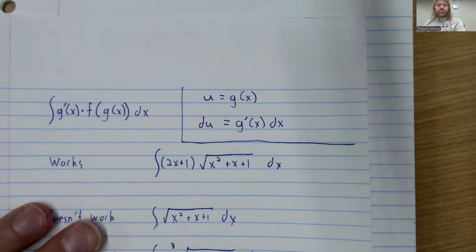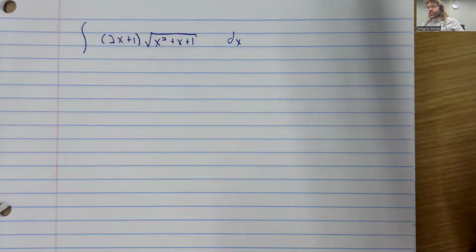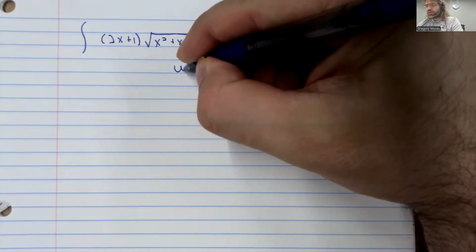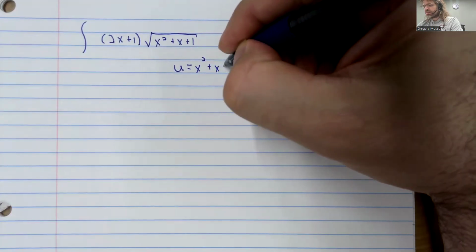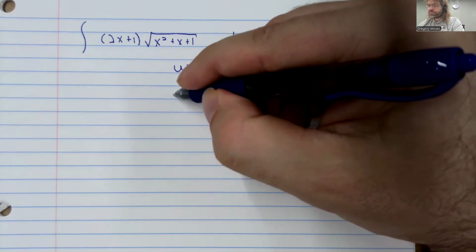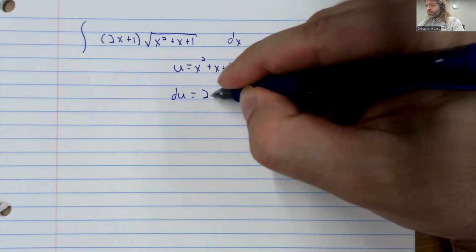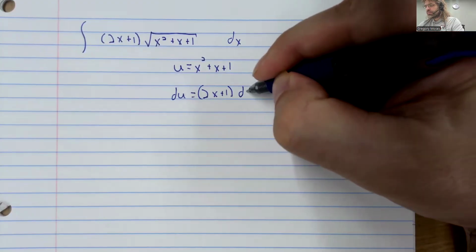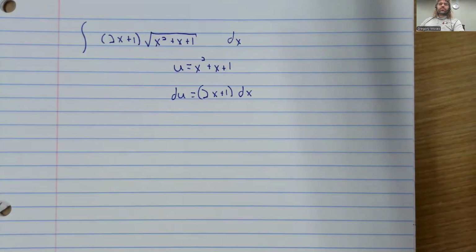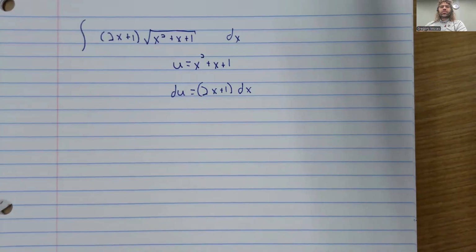And I've said that we should let u be the inside function of the composition. So we'll let u be x squared plus x plus 1, and we'll let du be 2x plus 1 dx. And what this is going to do, it's going to let us change our variable from x to u.